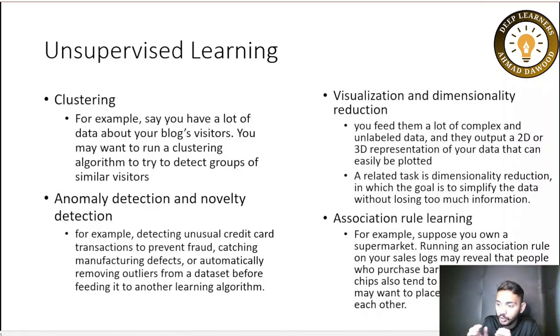It is associating that if the customer is interested in barbecue sauce and potato chips, then the customer will tend to buy steaks. So to sell the steaks, you can place them near these items. You are actually associating the rules. If the person is interested in that, then there is a chance that he is also interested in this.